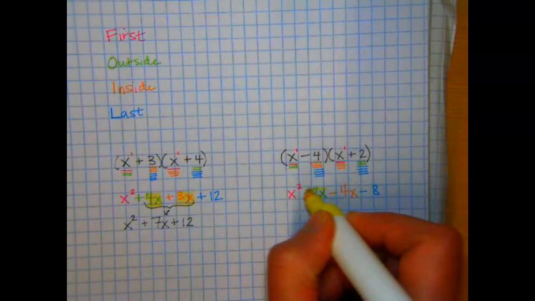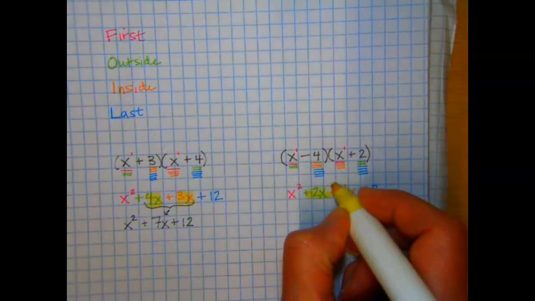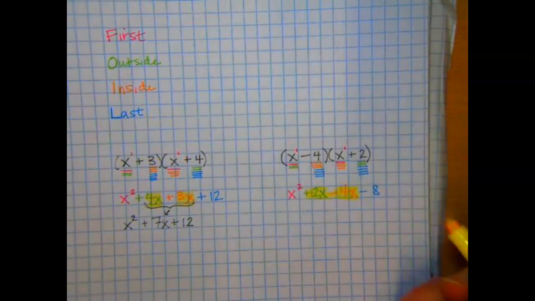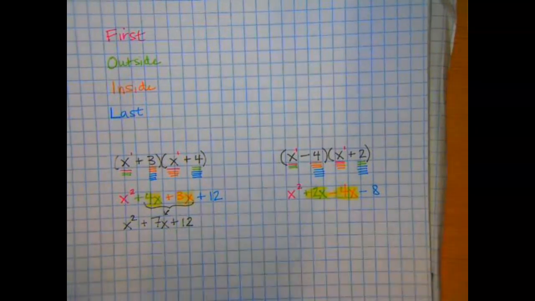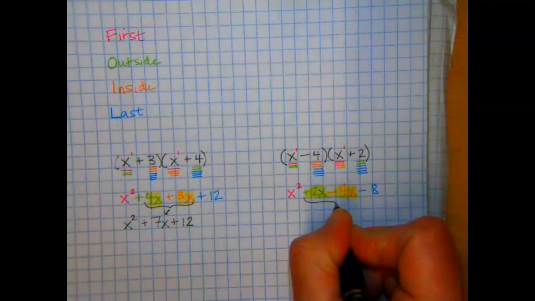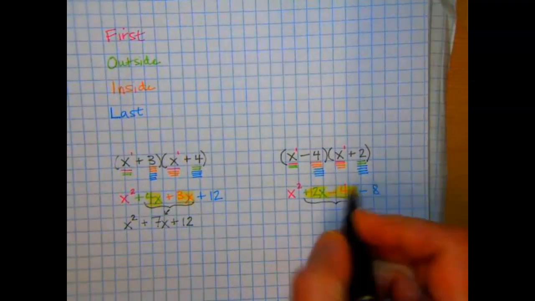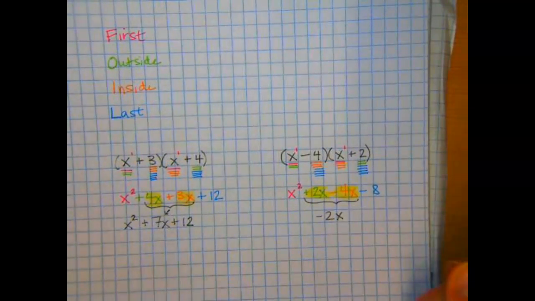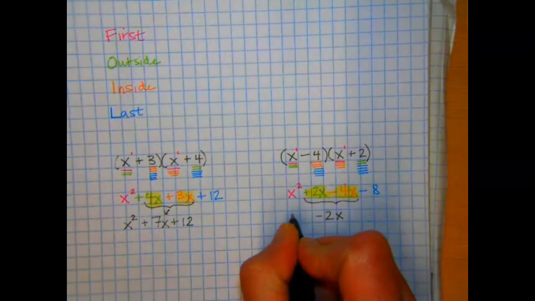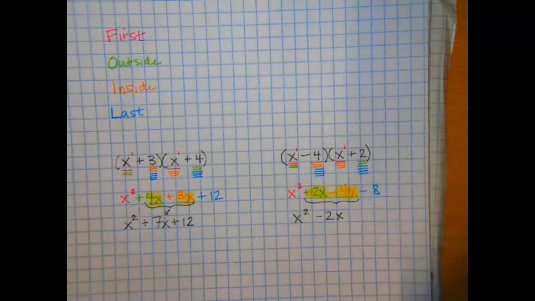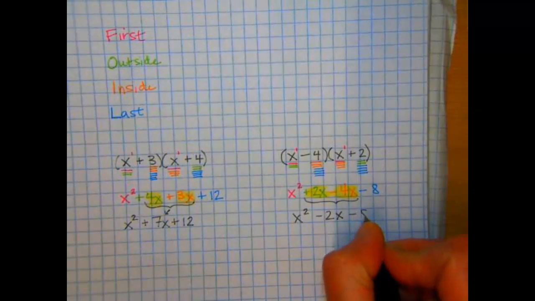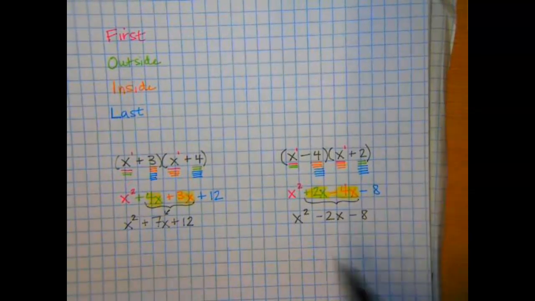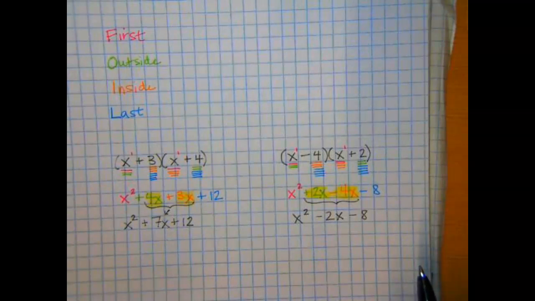Positive 2x and negative 4x, when we combine those together, 2 minus 4 gives me a negative 2x. I can just bring down the other things. So my x squared is here, my minus 8 is here, and that is my final answer. So that is how you do FOIL.